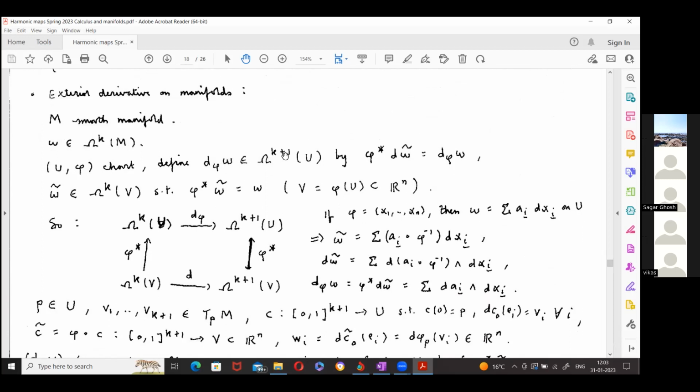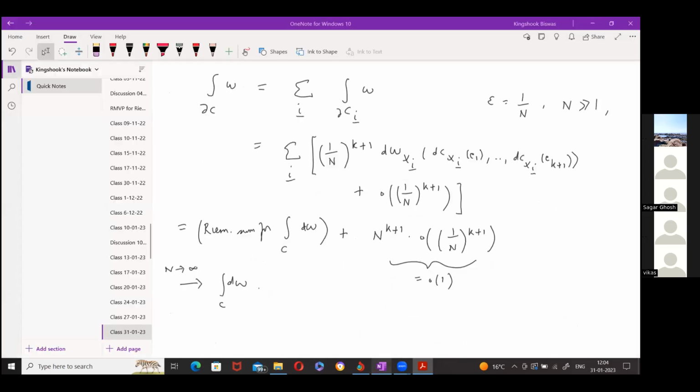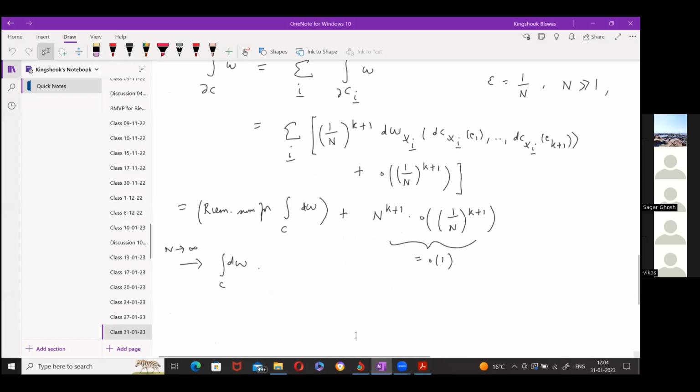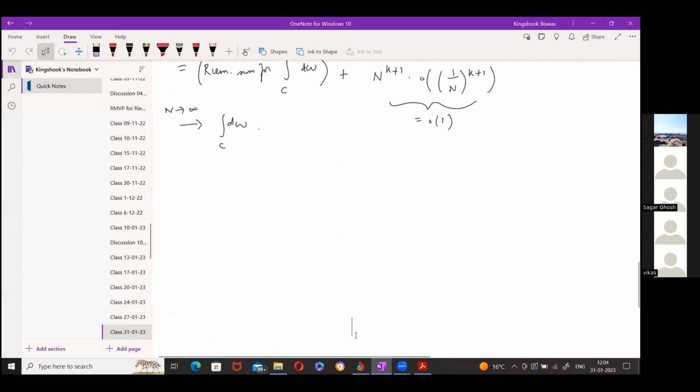This will be a k plus 1 form on U. So you define it as follows. Okay, maybe let me just do this here. So suppose now M is a manifold and omega is a k-form on M.